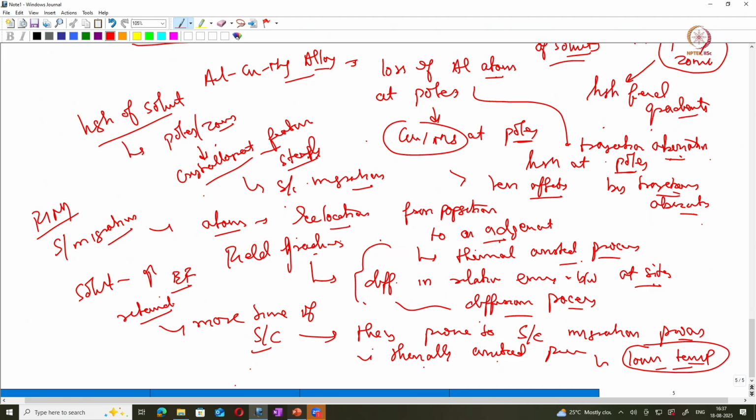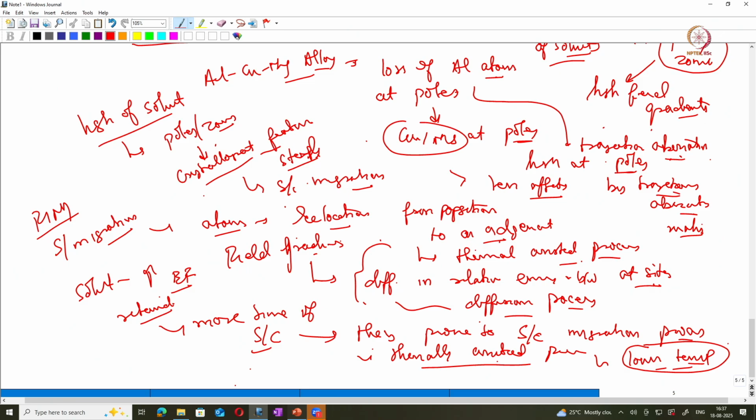Surface migration is a thermally activated process. If the solutes get field evaporated much earlier near the poles or zones, then you will get a higher concentration of copper. And if the matrix atoms field evaporate at these zones much earlier, then you will get a higher amount of solutes at these zones.